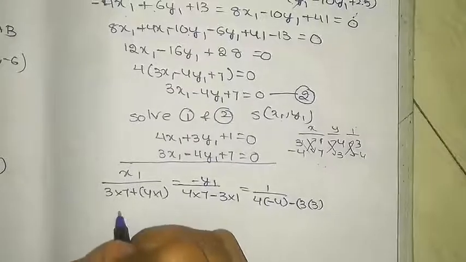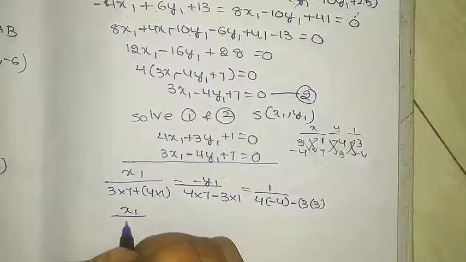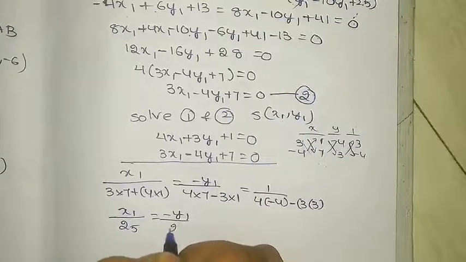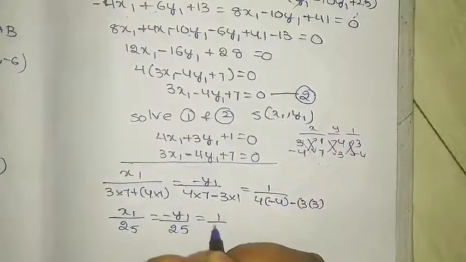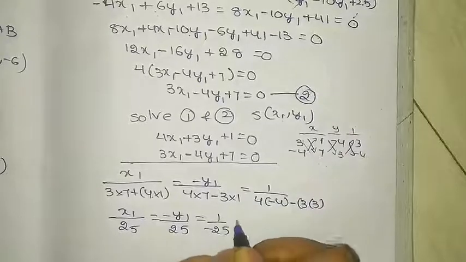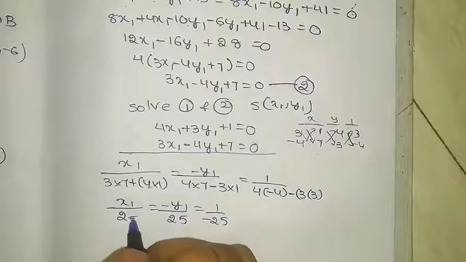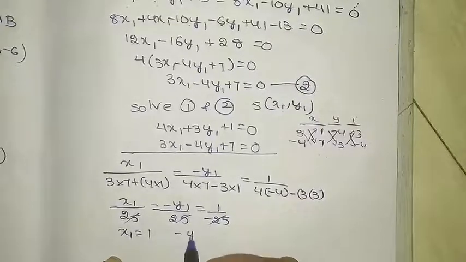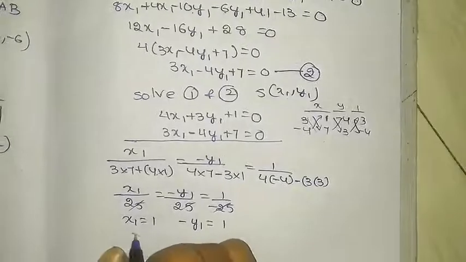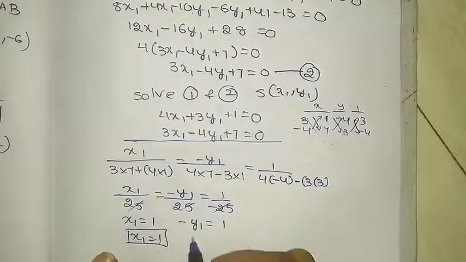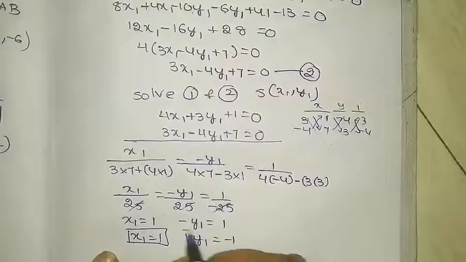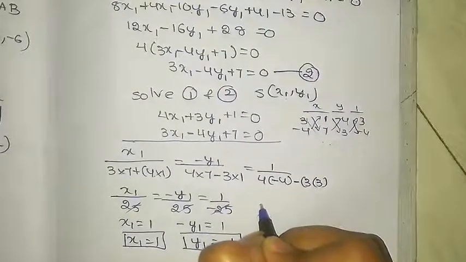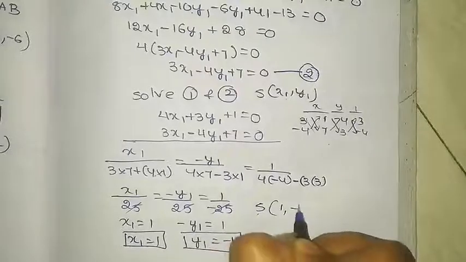Now x1 by 25 is equal to minus y1 by 25, which is equal to 1 by minus 25. 25 cancels. So x1 is equal to 1, and y1 is equal to minus 1. So the center is (1, -1).